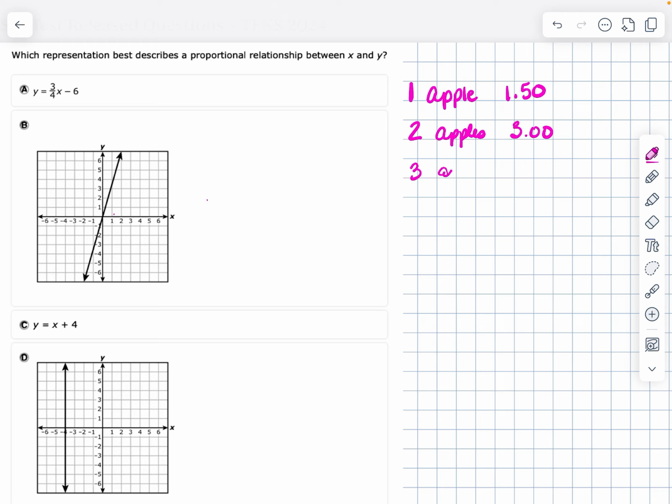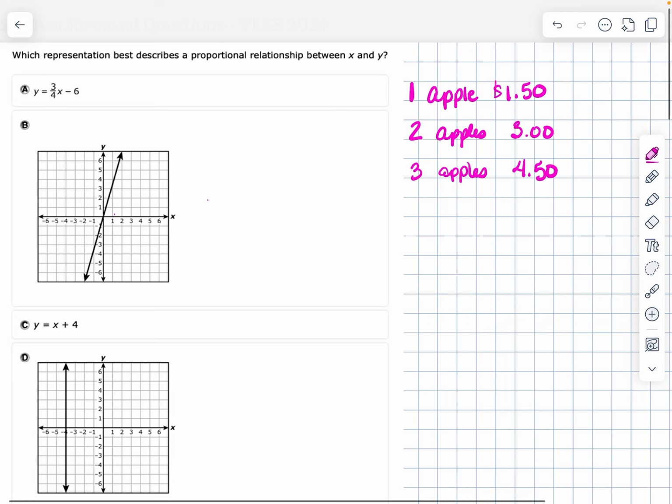And 3 apples is going to be $4.50. And it's going to keep going on like this. Okay? There's nothing that says, if you buy 3 apples, you get a discount. No, it's just straight the number of apples you buy times $1.50. So that's a proportional relationship.